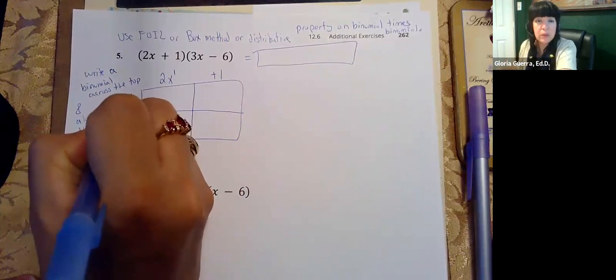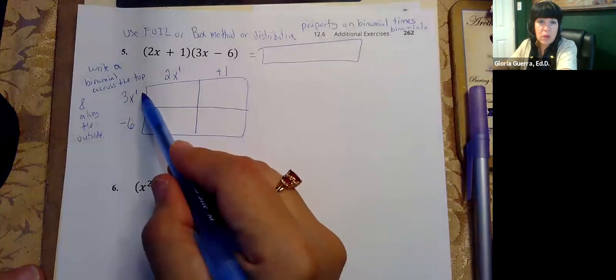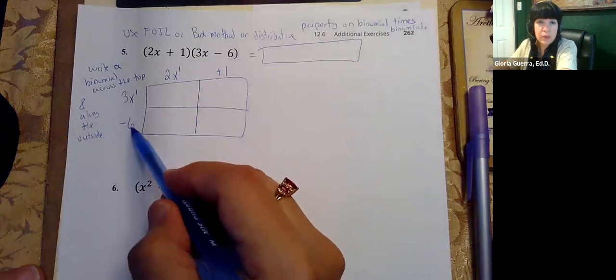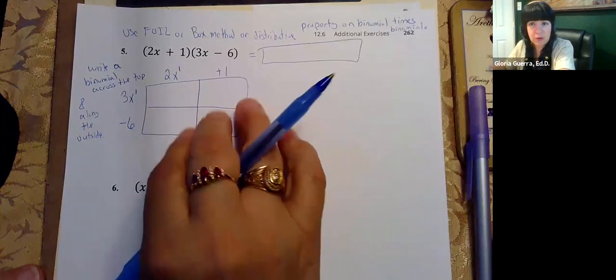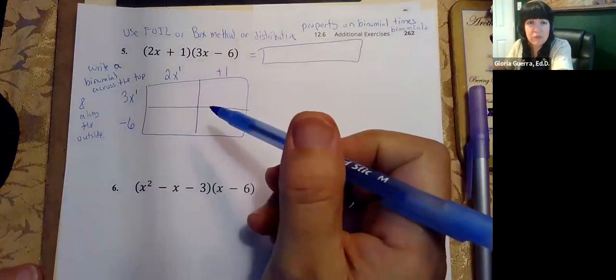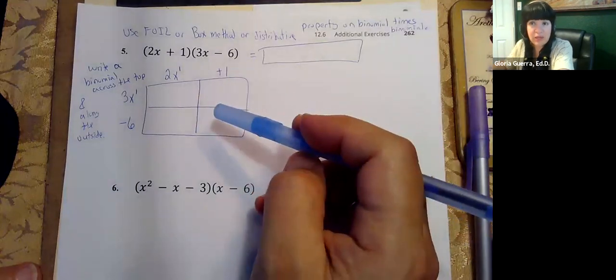That makes sense? I write one across the top and I write the other one along the outside. And then the reason why this is a favorite of high school teachers is they're usually concerned about students forgetting a product.